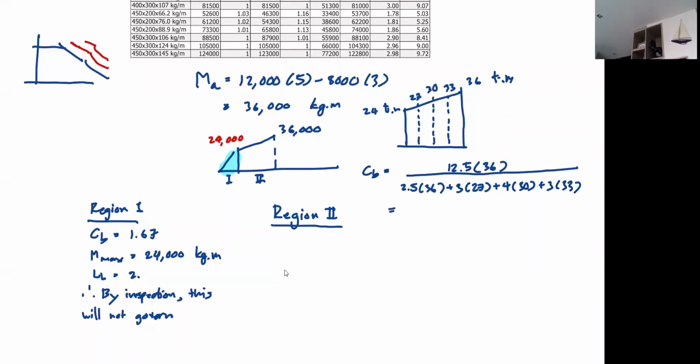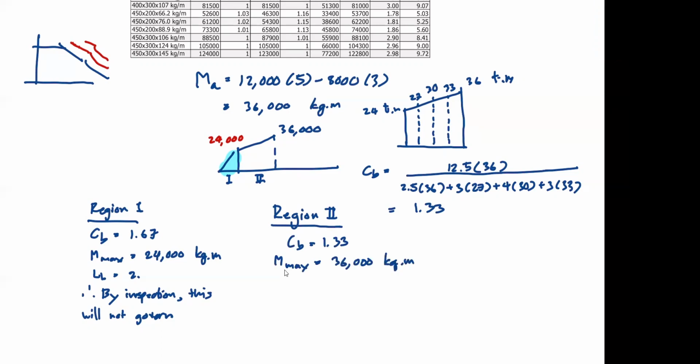How much is that? The value is 1.33. Oh, 1.33. Yes. Thanks a lot. So, okay, now we can, unbraced length is, CB is now 1.33. M max is 36,000 kilogram.